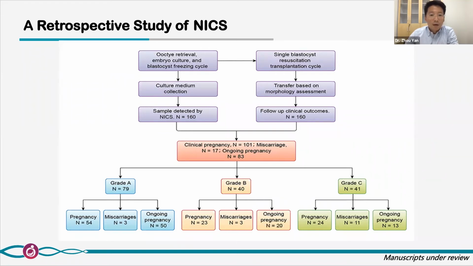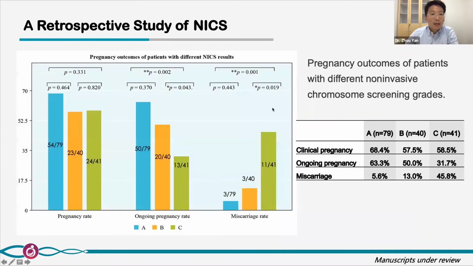And there were 40 grade B and 41 grade C embryos respectively. You can see in this slide the pregnancy outcomes of these three groups. The blue is A, the orange indicates group B, and the green bar indicates group C.